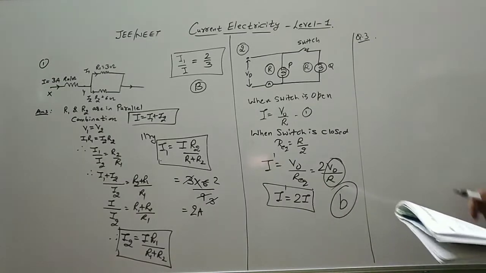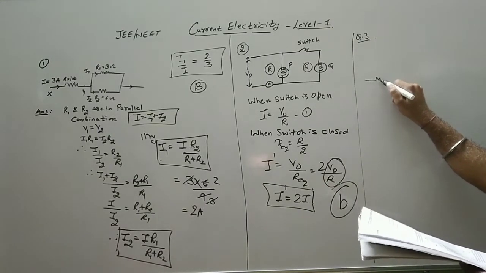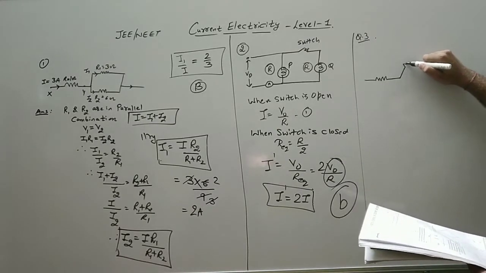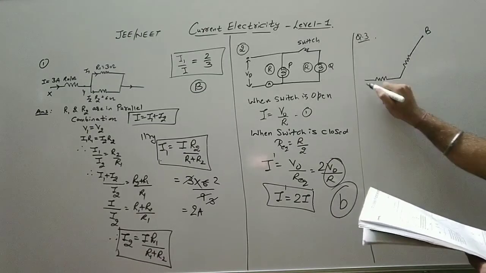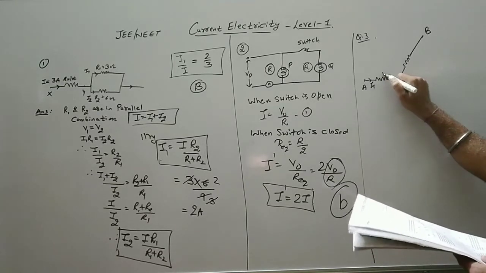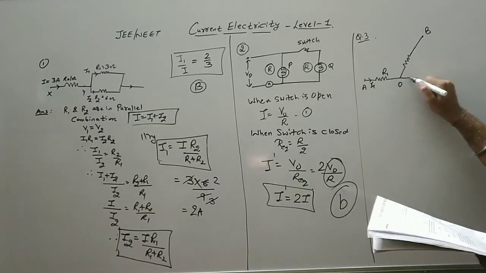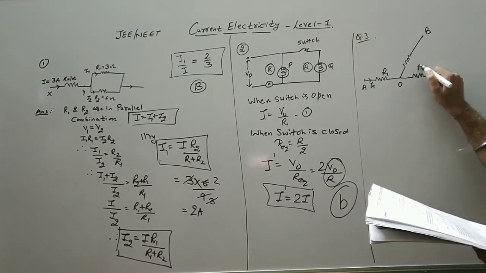Again, we have a diagram where different resistances are connected in different arms. So this is point B, this is point A. Let the current be I1, R1, O or 0 is the origin. This is another resistance C named as R3.